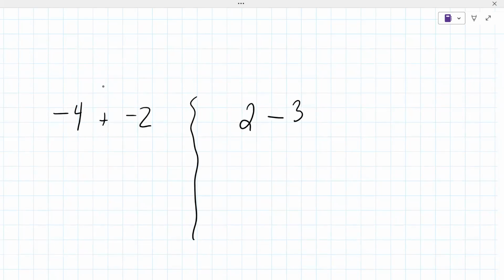Let's try a few more here. All right, here are 3 problems for you to try. Go ahead and work those out.